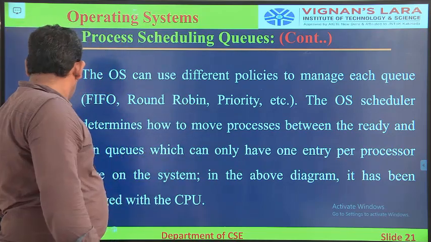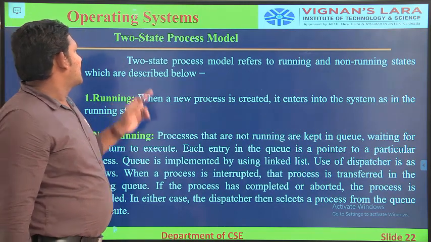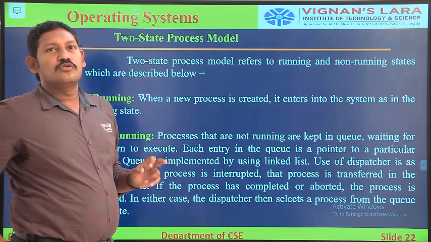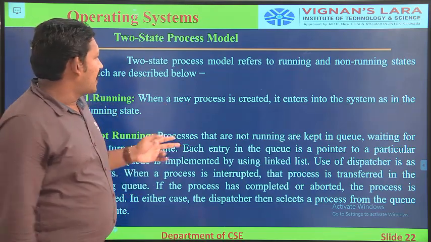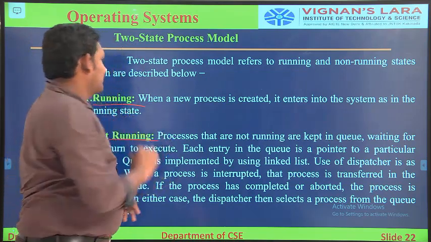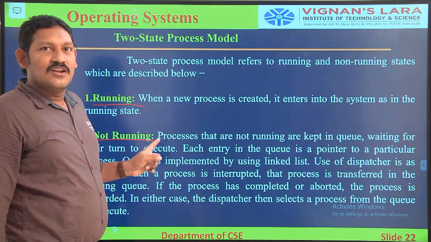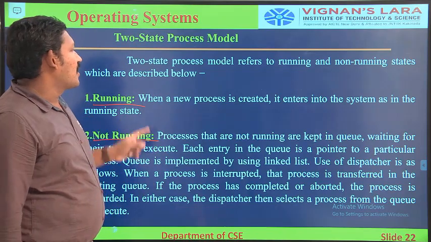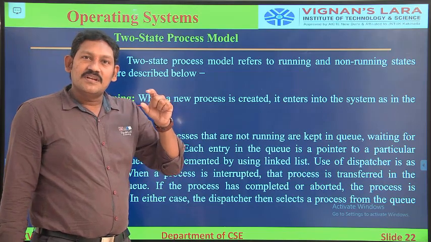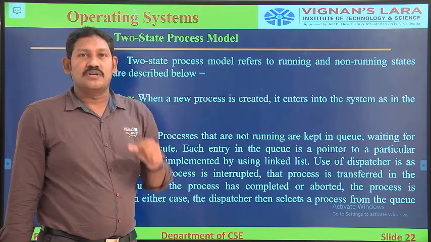Last, the author tells that there are two process models: one is running and the other is not running. The running model is a process that is already kept in ready state and is now running, that is, under execution.